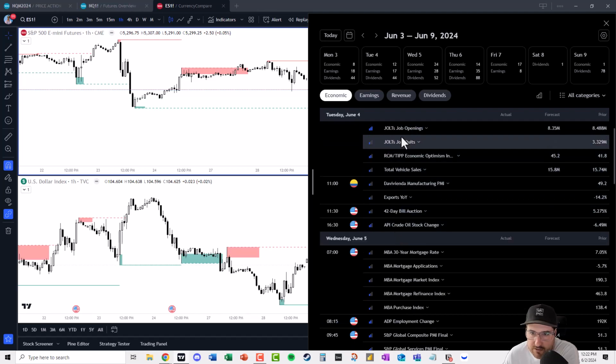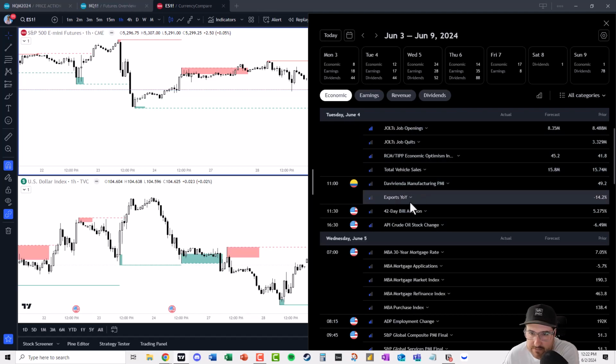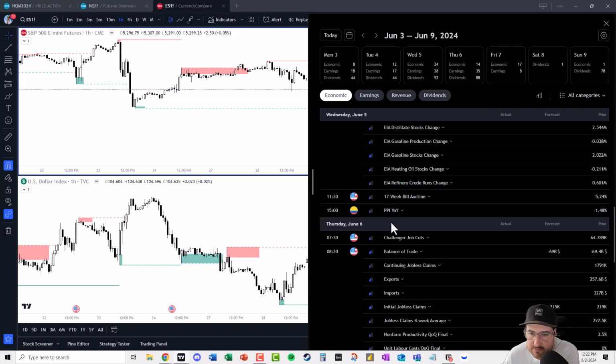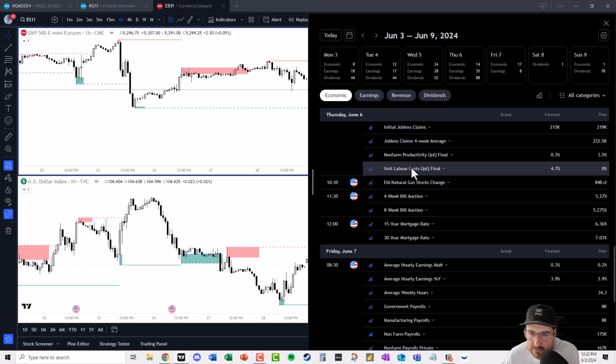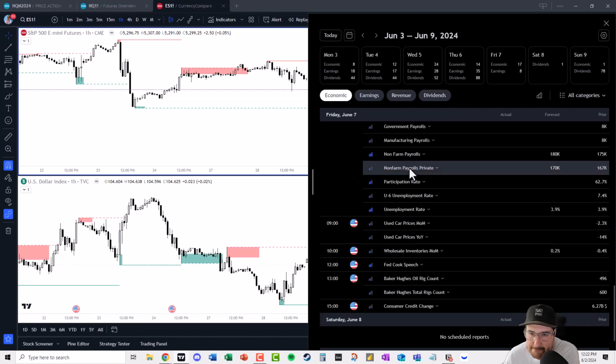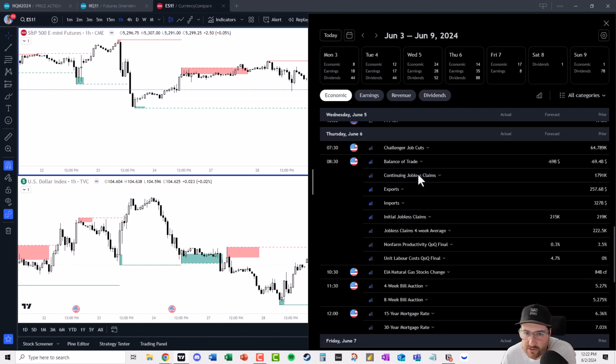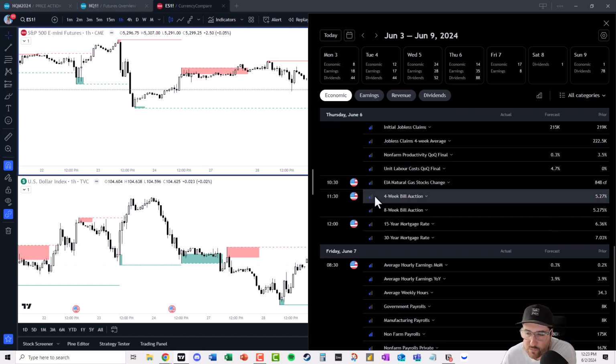Job openings, quits. All right, so even on Thursday when there was no news, there still is some level 2 news on there. So there's still a chance of good movement on Thursday, even though there's no really big impact news.